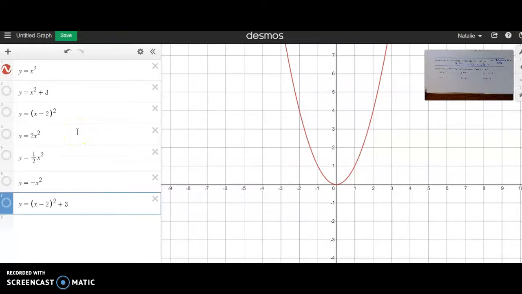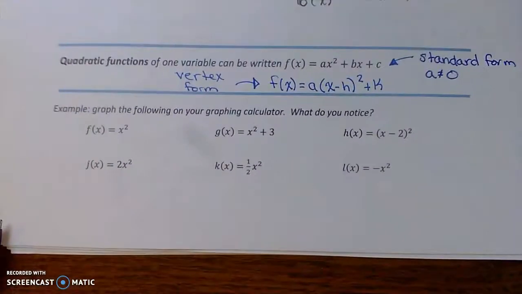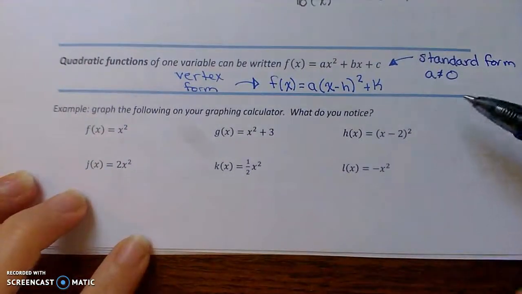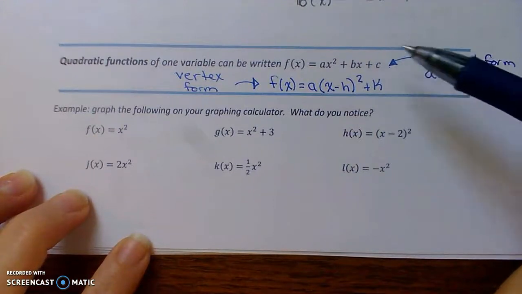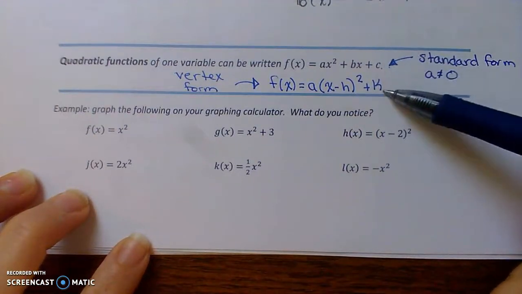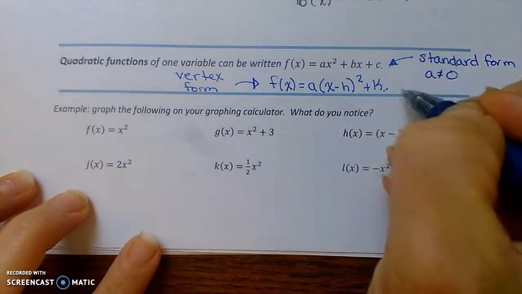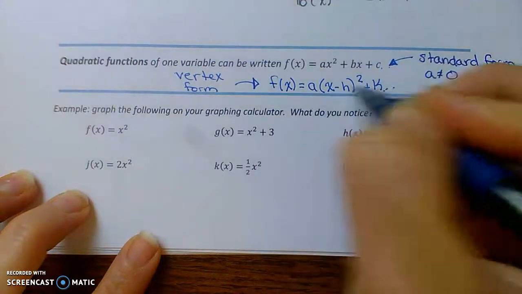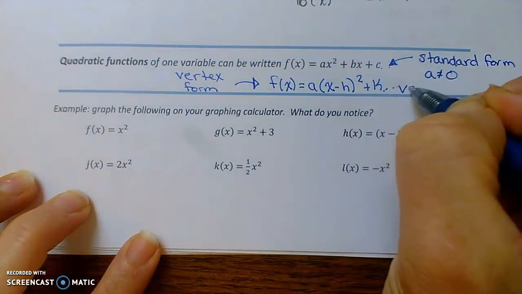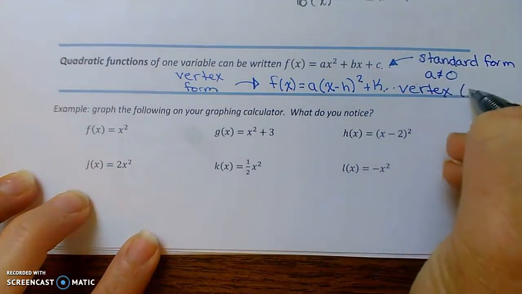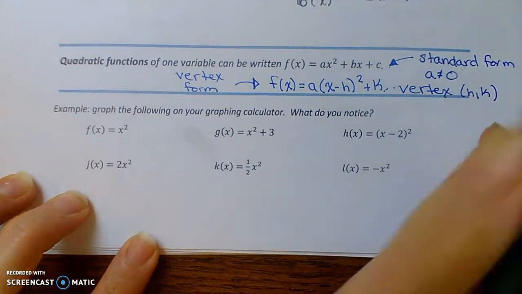Alright, so all parabolas can be constructed this way. And again, you can either look at parabolas in standard form and try to manipulate them from there, or if your quadratic happens to be in vertex form, then you can get a little bit more information. In particular, if it's in vertex form, then your vertex will be (h, k).